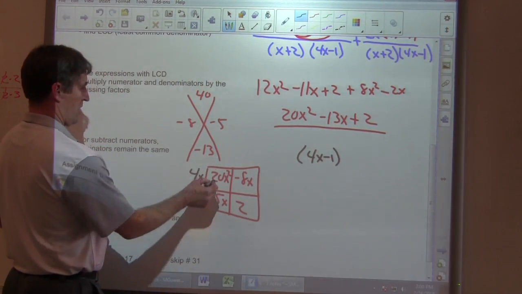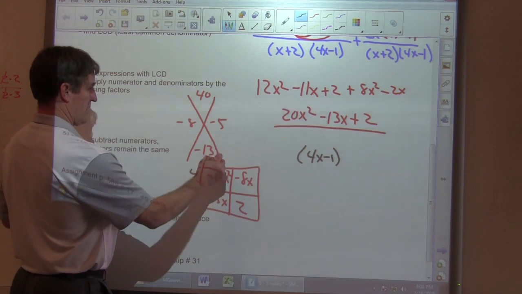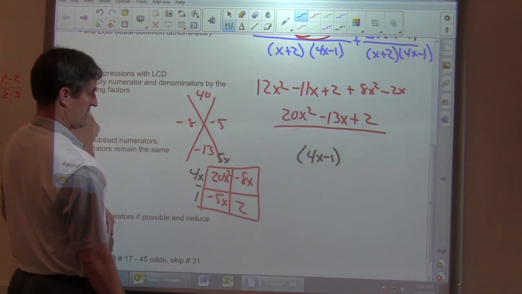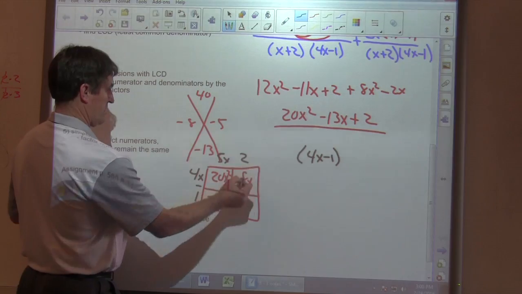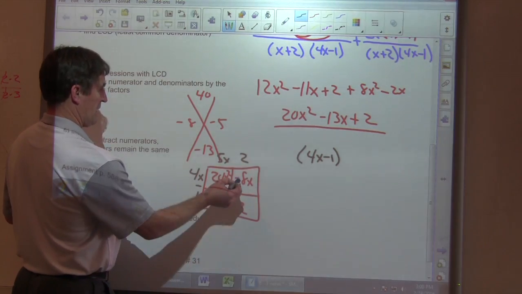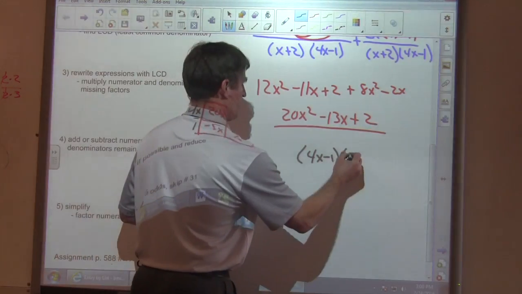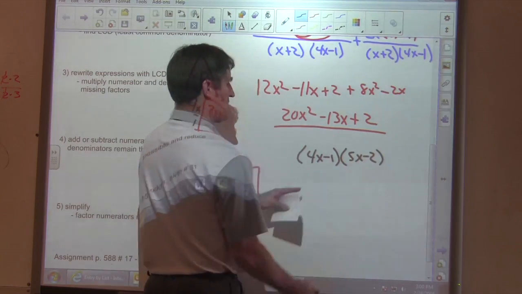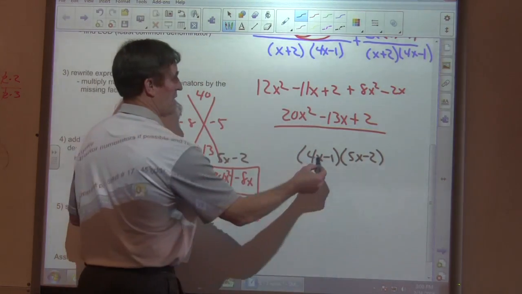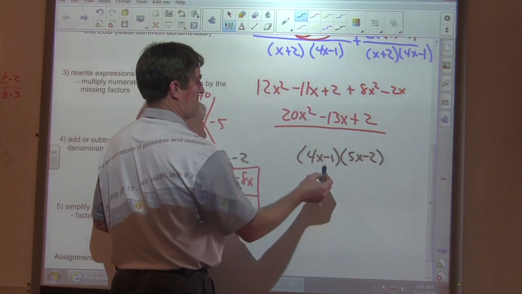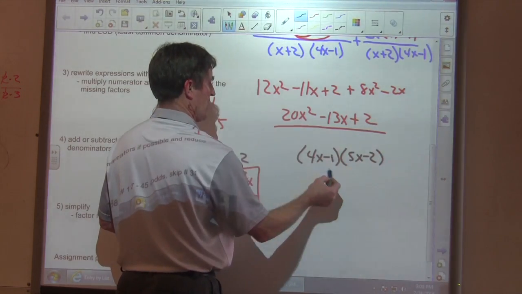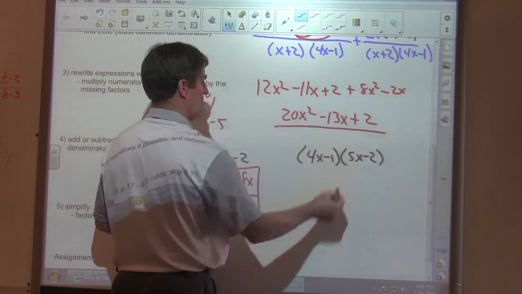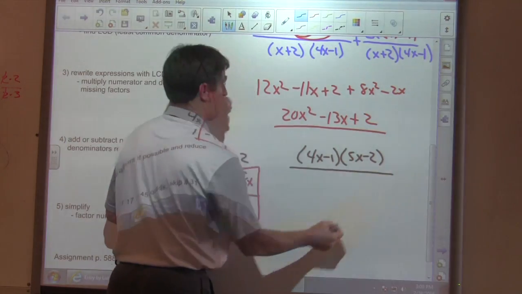And then this way we would get 5x and 2, and that would be a negative, so 5x minus 2. Again, it's good to always check this to make sure that you got it right, so that would be 20x squared, that checks, positive 2, that checks, and a negative 8 and a negative 5 give me the negative 13, so I know I've got it right.